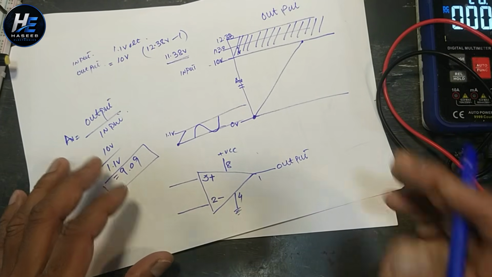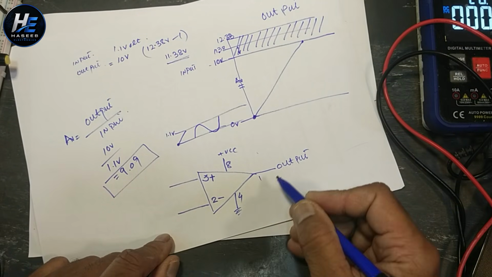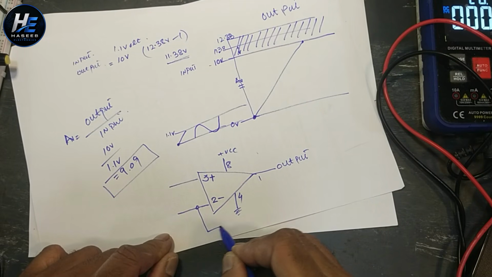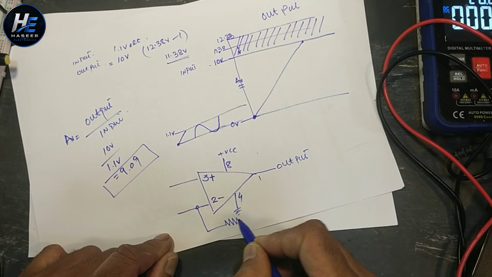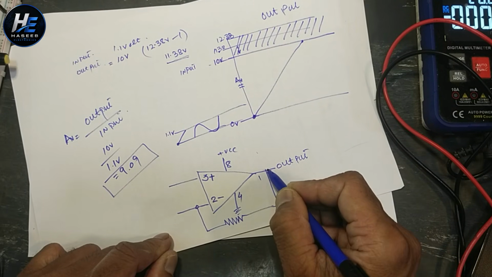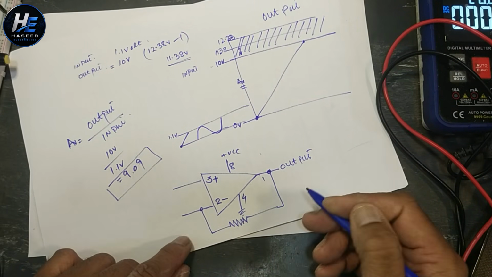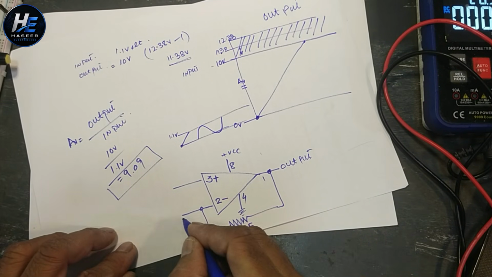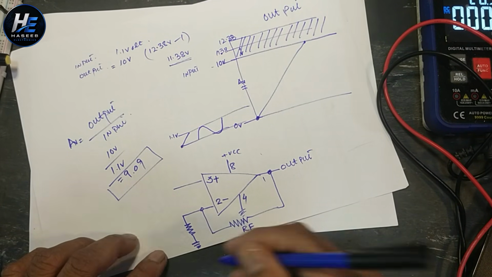We need to control the gain. For that purpose, we need a feedback resistor that is called negative feedback. We cannot adjust the gain until we use a feedback resistor and input resistor.